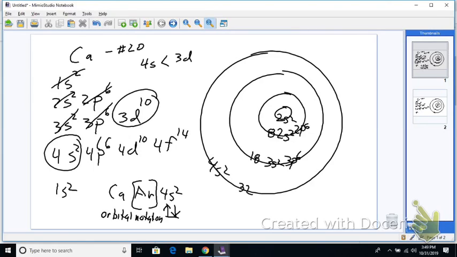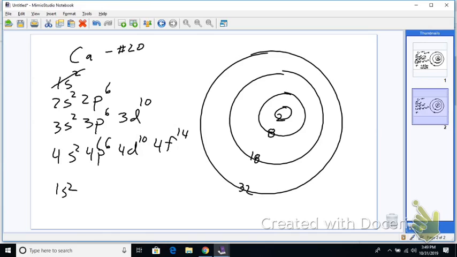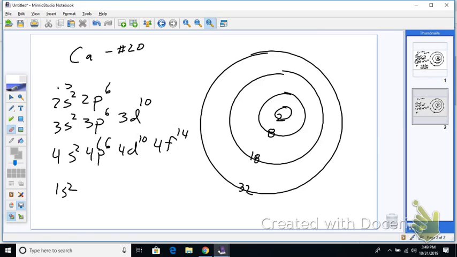Okay, so we might as well go into doing one in the D's while we're at it, just to see how that all figures in. So we're not going to do calcium now.